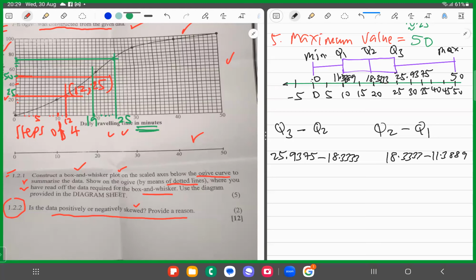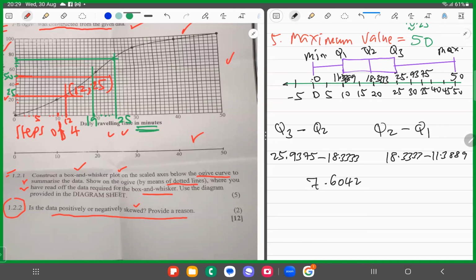Let's use our calculators. 25.9375 minus 18.3333, we're getting 7.6042.